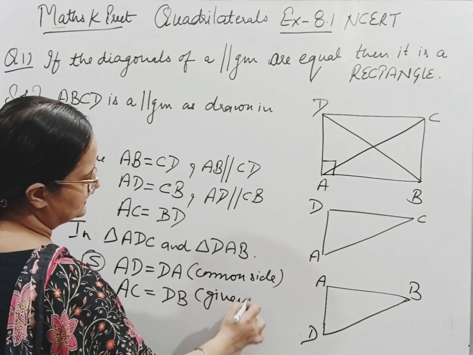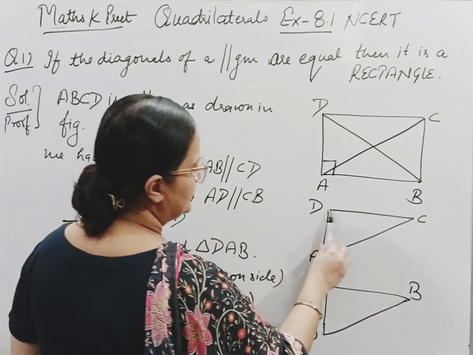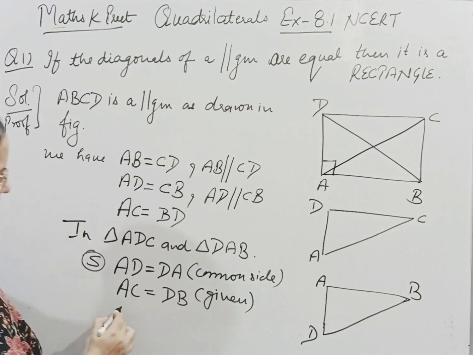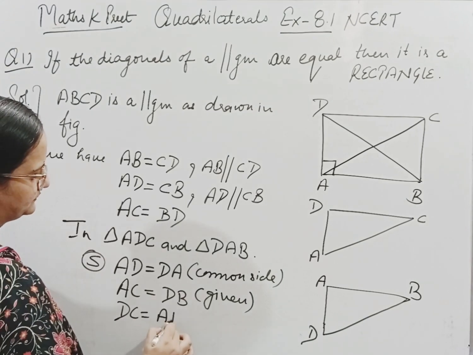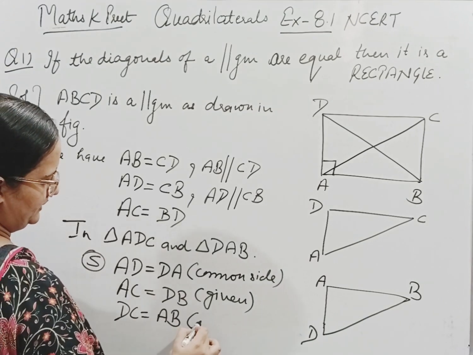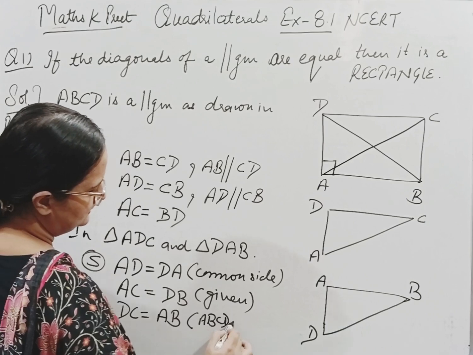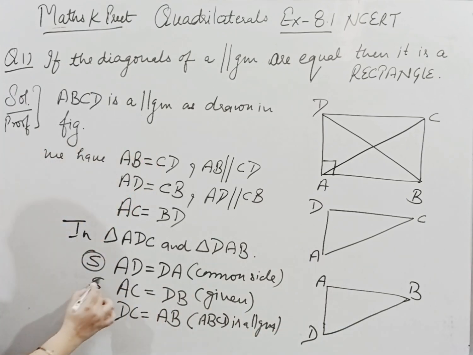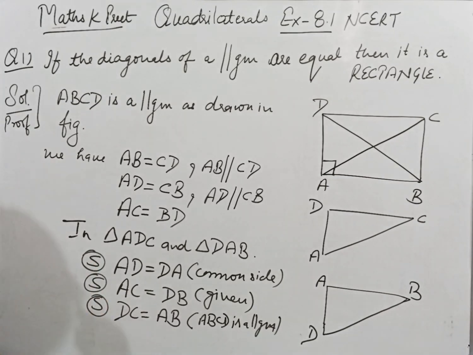Because this is given to us. What else? DC is equal to AB according to the definition of a parallelogram, because ABCD is a parallelogram. This is the reason.